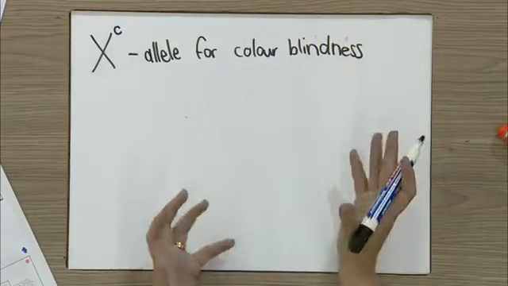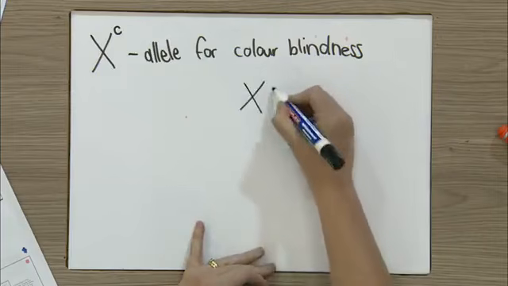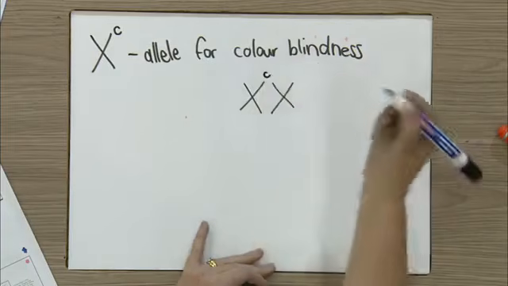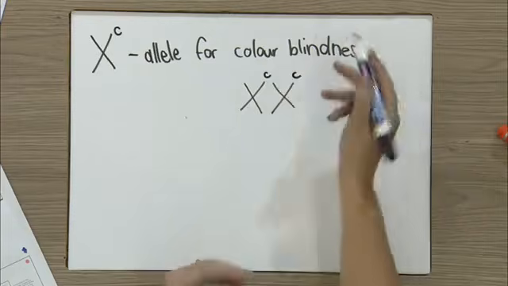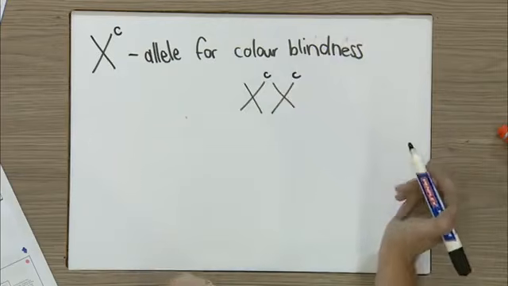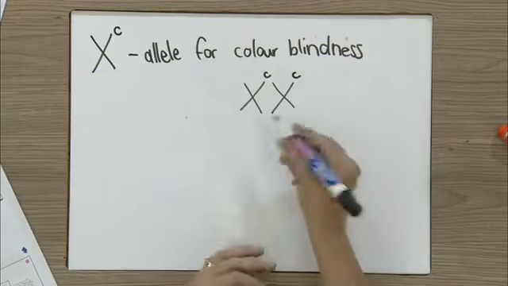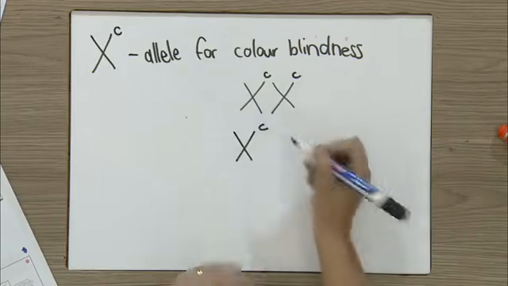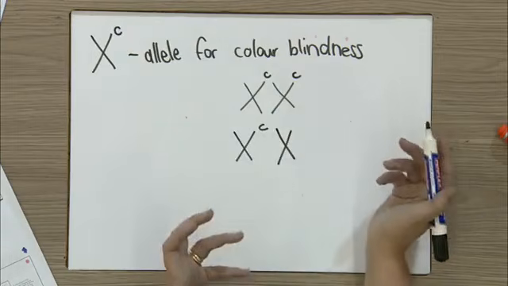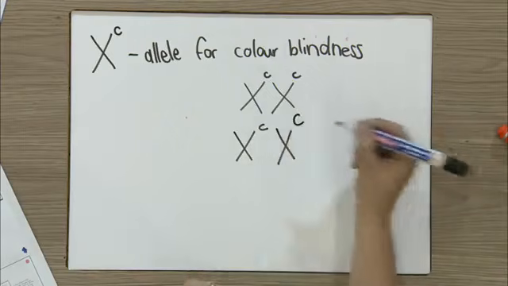If there's a female that is colorblind, she's a female, so there should be 2 X's. She could have X^c and another X^c, and she is colorblind. Because she has 2, and colorblindness is a recessive condition, she could also have only the 1 recessive allele.